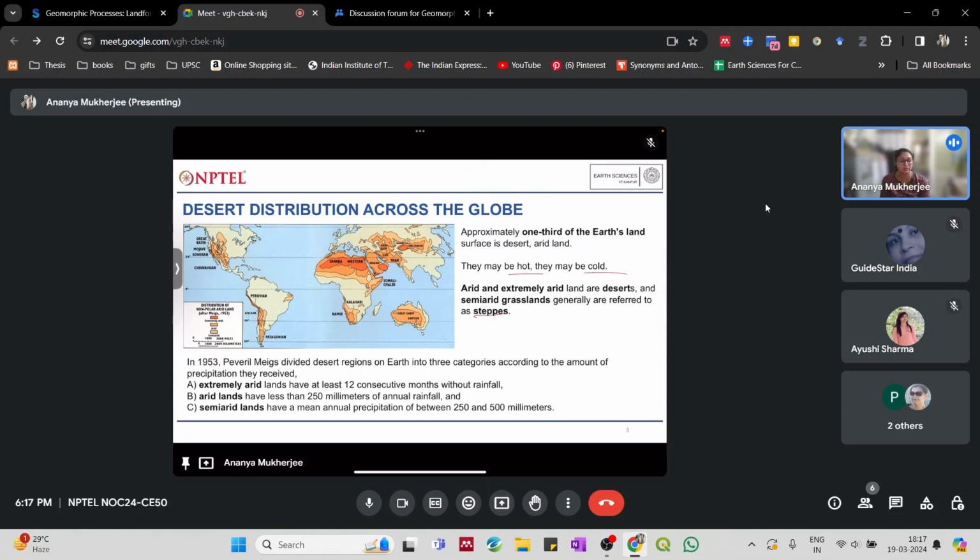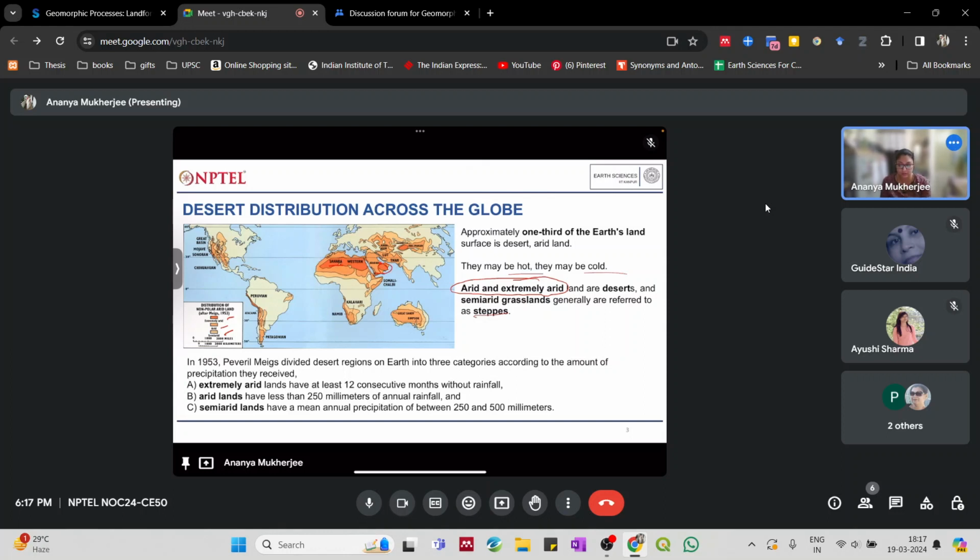So the aeolian geomorphology that we see mostly falls in the arid, semi-arid or extremely arid land. As you can see in the diagram, you have extremely arid, arid and semi-arid regions marked. Extremely arid lands are mostly the Sahara and some part of the Arabian Peninsula.